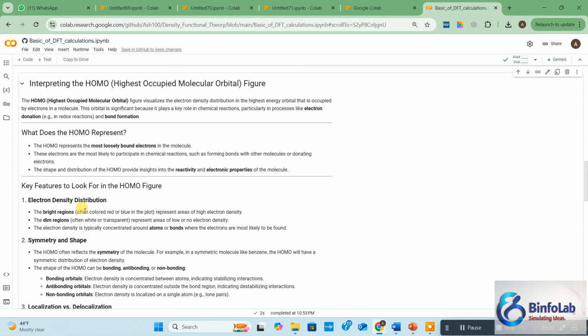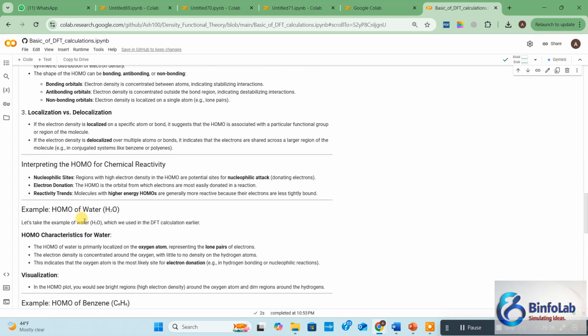It means in water, when water interacts with other molecules in the system, these two atoms will be ready to donate. Water can donate these atoms and they can generate a bond.